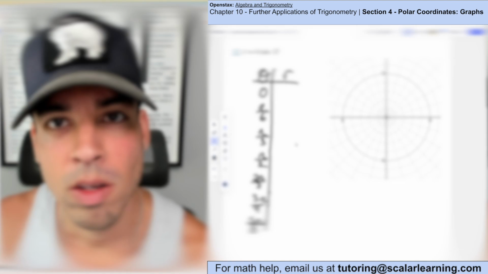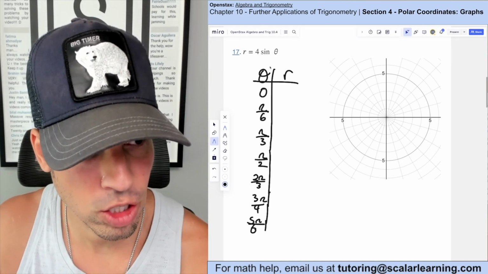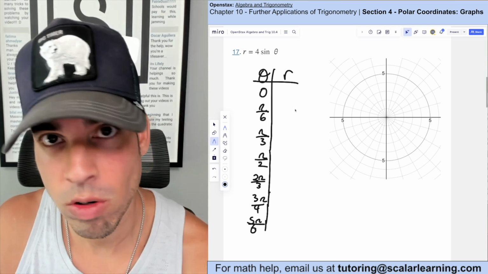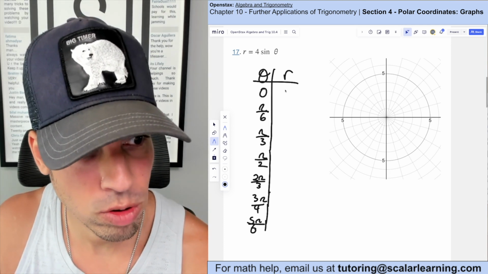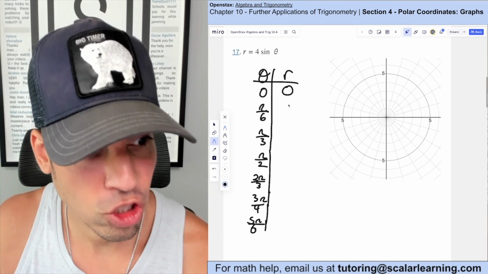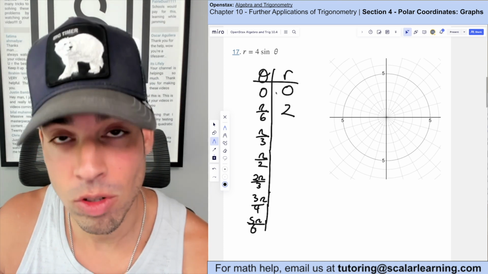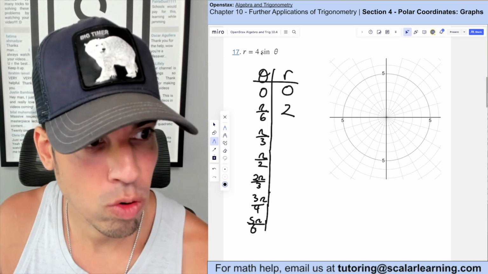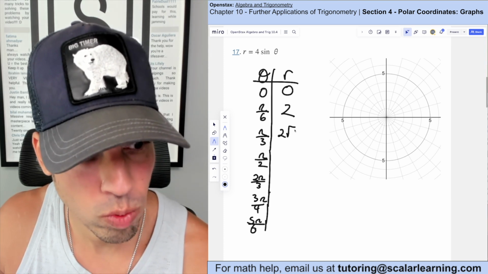Boom, done. Okay, so for this one, I'm going to plot it by hand, and I'm going to plug in a couple values for theta and get the corresponding value for r, or an approximation thereof. So first, if I have 0, sine of 0 is 0 times 4 is 0. Pi 6, sine of pi 6 is 1/2 times 4 is 2. Sine of pi thirds is rad 3 over 2 times 4, which would be 2 rad 3.